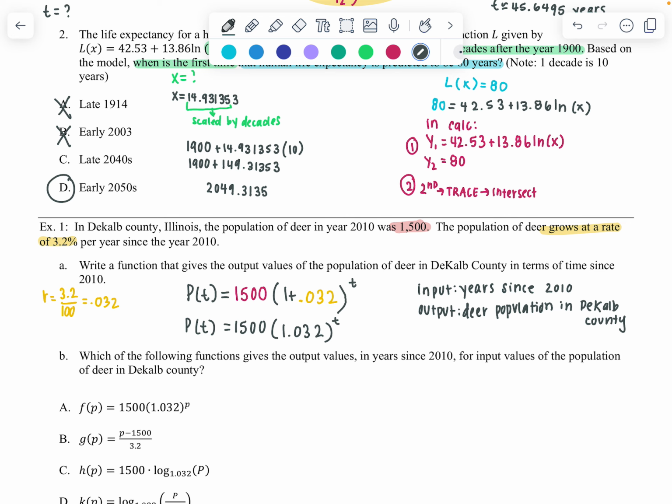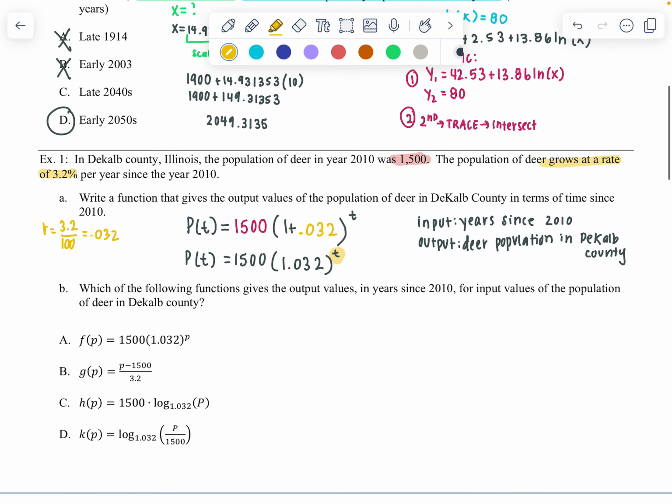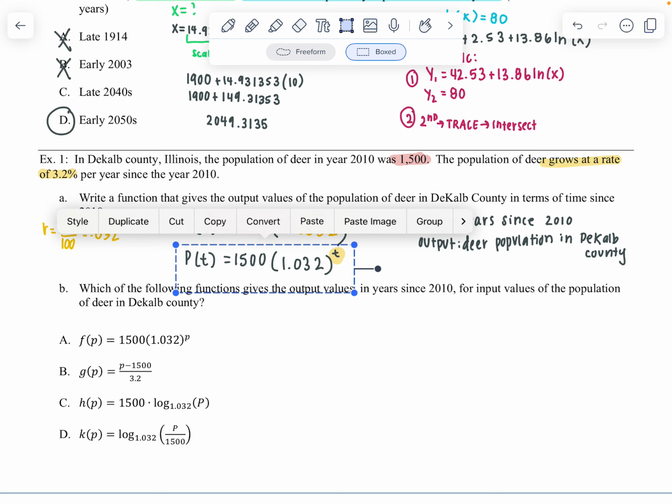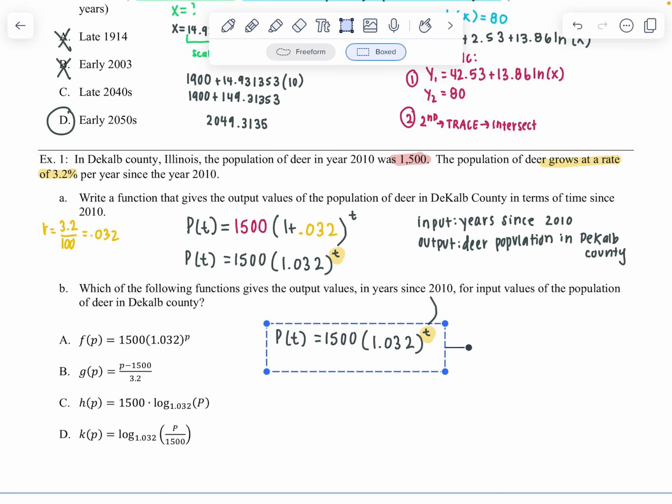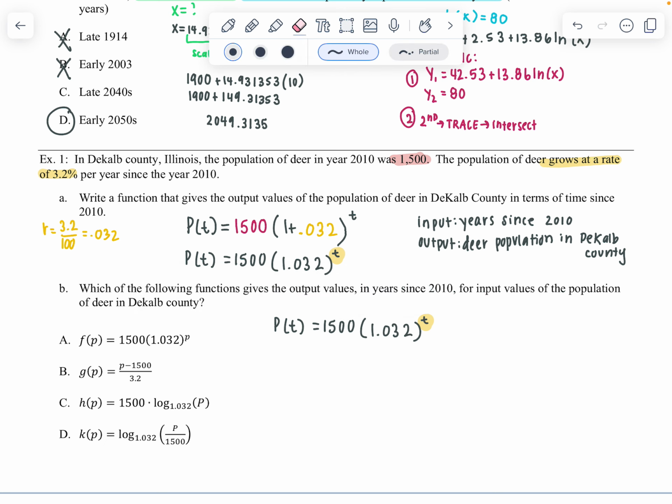So now basically what we're doing is we have to adjust our equation where we have our t by itself, since our new output needs to become years since 2010, and our new input has to be deer population in DeKalb County. So we're going to take this equation and solve it, getting t by itself. They didn't define variables here, so in the end, we'll just double check that.